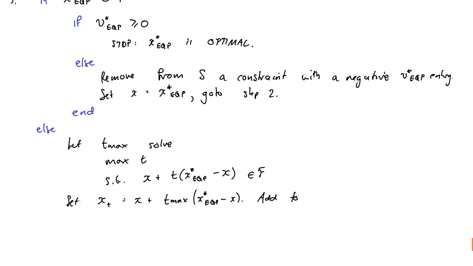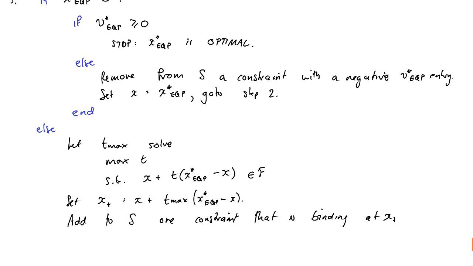Then we want to add to S one constraint that is binding at x plus and that is violated by x star EQP, i.e. a transpose x star EQP is greater than b for that particular constraint.